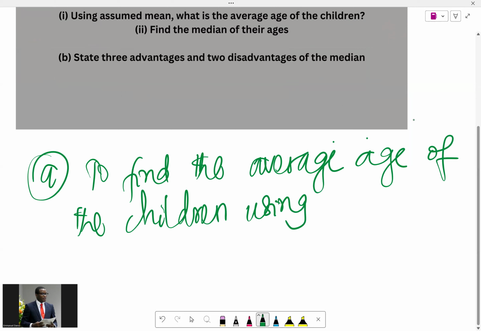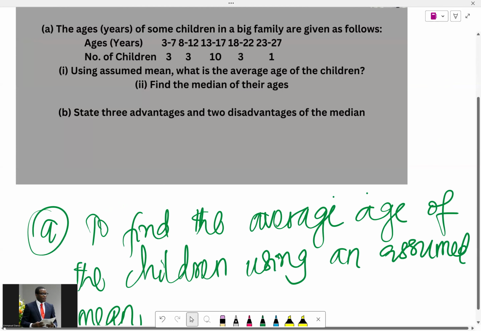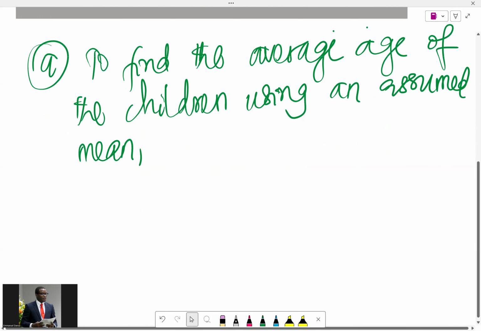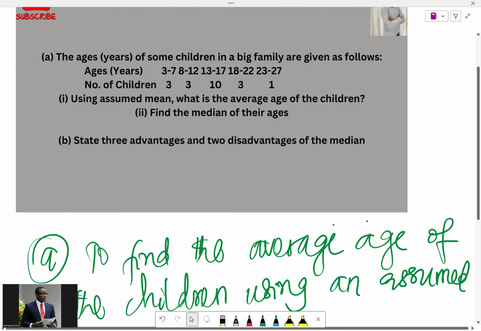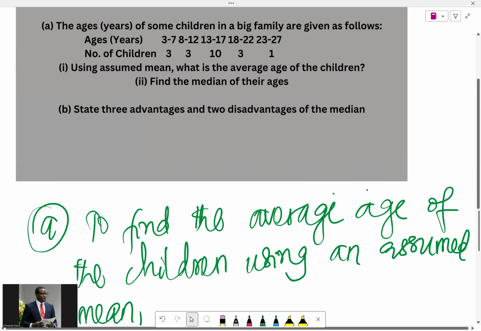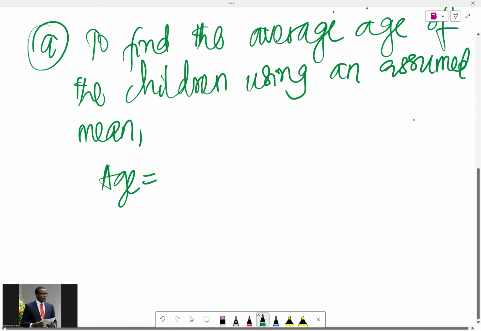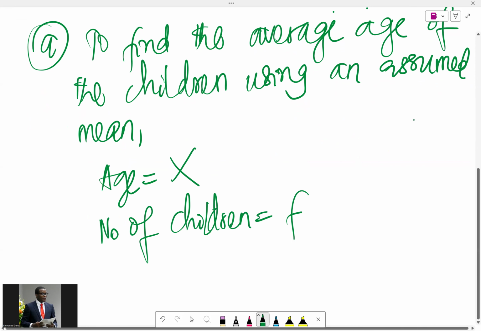Of course, it's grouped data, so we have to unpack that. So age and number. We know age can be said to be X, while the number of children is simply frequency.